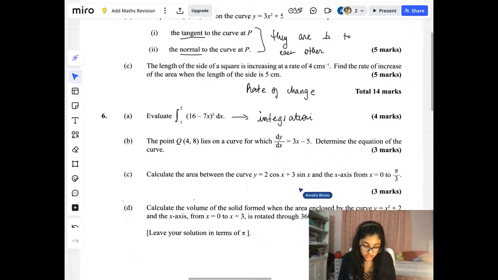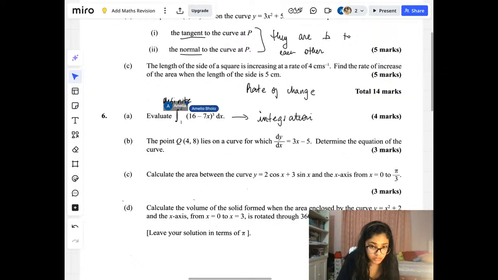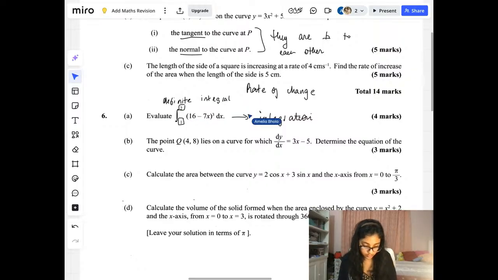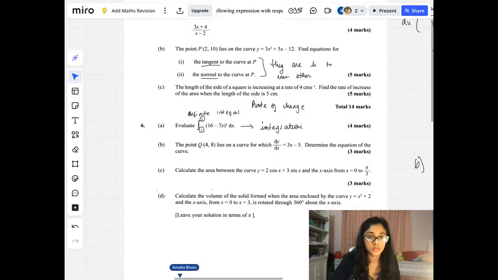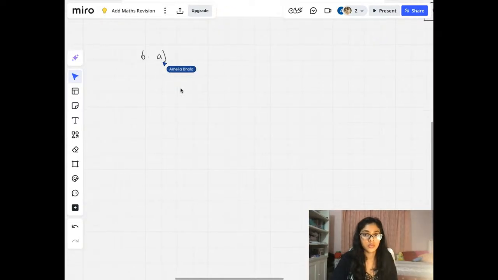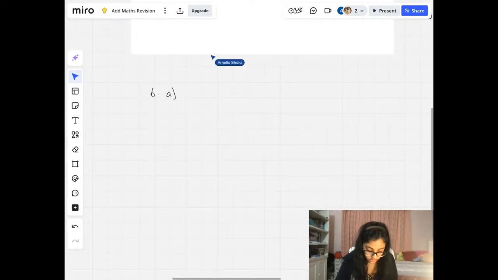Anyways, guys, so this is a definite integral. What does that mean? This means that there are fixed limits of the area that I want to find. This is number 6, A, which is our integration question.